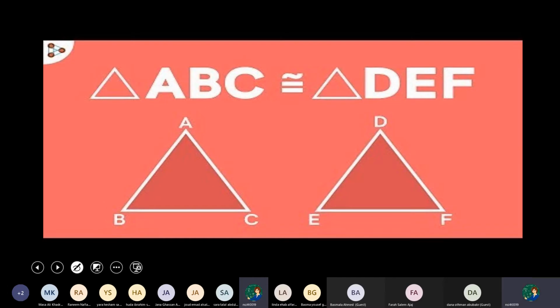When can I say this triangle is congruent to another triangle? I cannot say just by looking at these two triangles. I have to check each angle and each side in them.